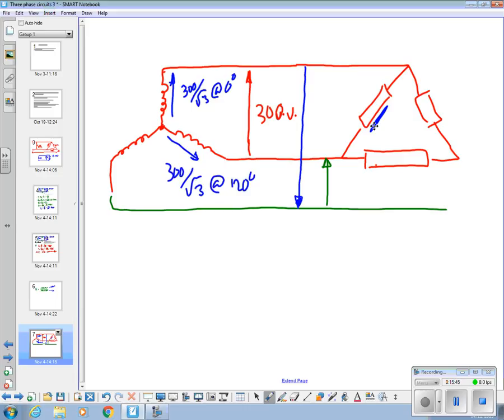But because each of these other ones have also got that 300 volts, they're all the same. It's a balanced load.